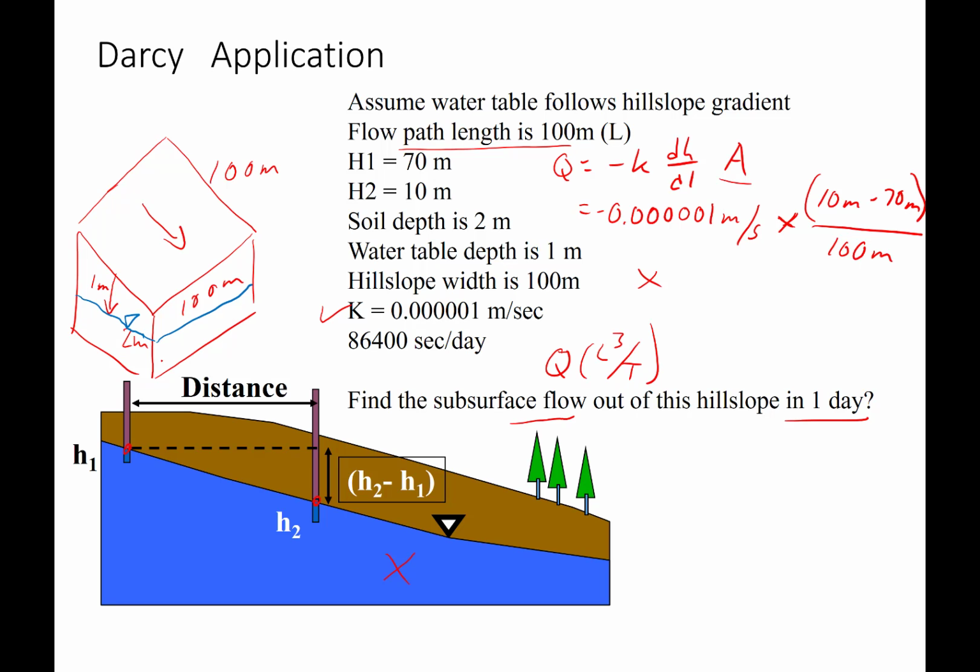So in this particular case, because we have a 2 meter soil and the water table is down 1 meter, our water depth of our aquifer is 1 meter. And the cross-sectional area is simply that area that the water is going to move. So A is going to equal our aquifer depth, 1 meter, times its width. So 100 square meters.